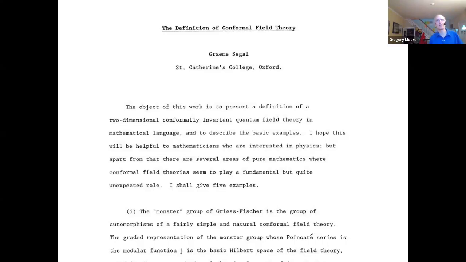Over the course of the next year, 87 to 88, he was, of course, lecturing side by side with Friedan and Shenker and trying to understand what they were saying, and that led him to develop this important notion of a modular functor. So he talked about that at the 9th International Congress on Mathematical Physics at Swansea in July 88, and we're going to come back to that conference in just a little while.